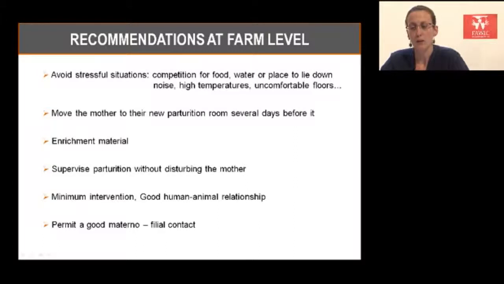We recommend supervised parturition without disturbing the mother, with minimum intervention. In this intervention, it's very important that there is a good human-animal relationship in order to decrease fear and stress of these animals. And finally, we recommend permitting good maternal-filial contact. That is the case, for example, in cattle, where we recommend that cows can ingest the amniotic fluid.